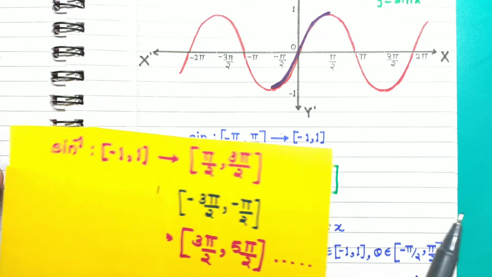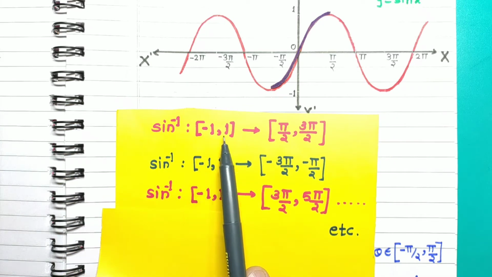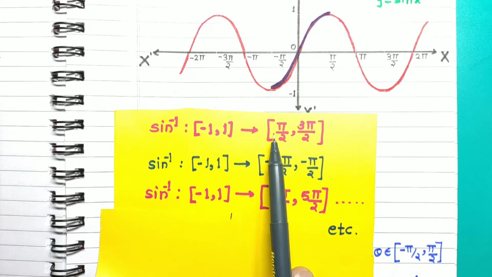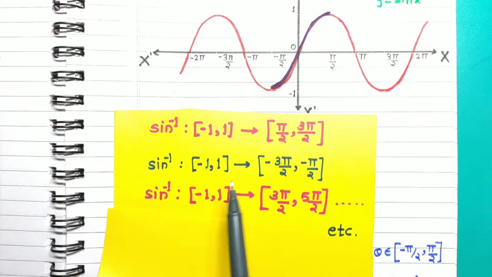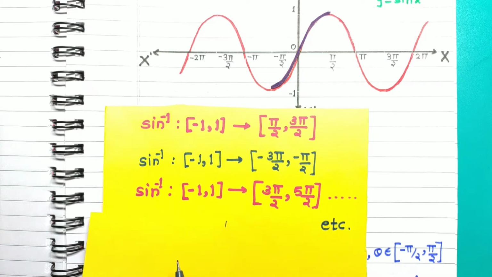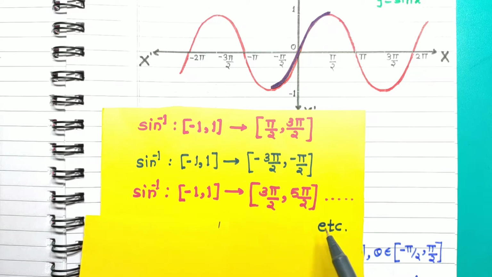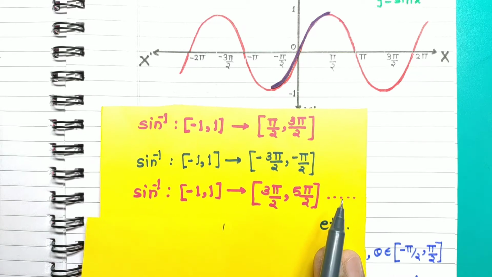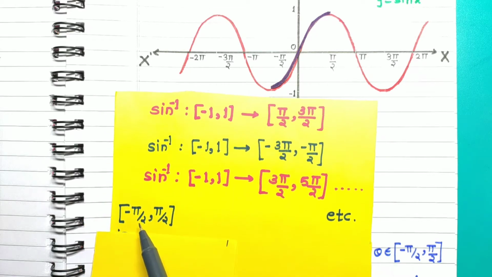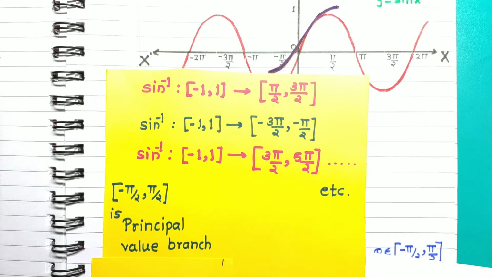See, like this: sine inverse from closed interval minus 1 to 1 to closed interval pi by 2 to 3 pi by 2, and other branches etc. we can get. Out of these branches, the branch with the range closed interval minus pi by 2 to pi by 2 is called the principal value branch.